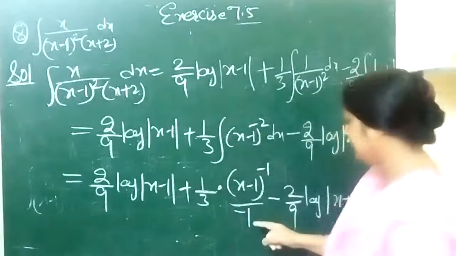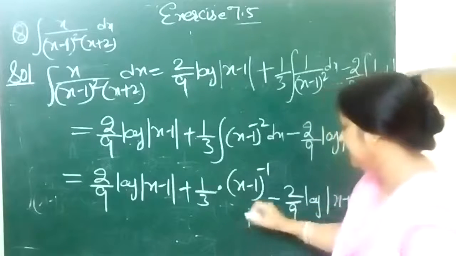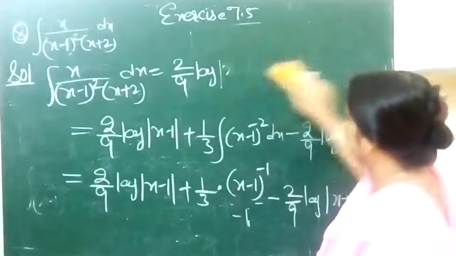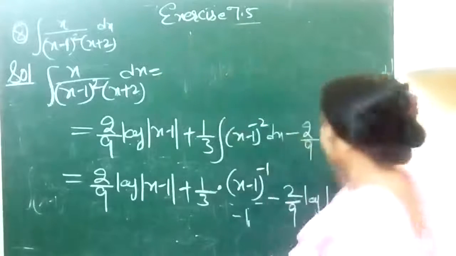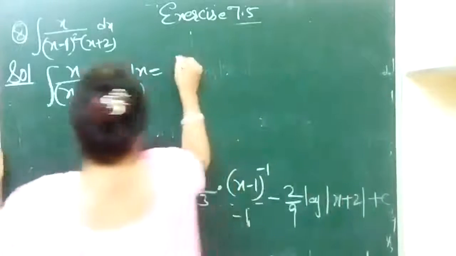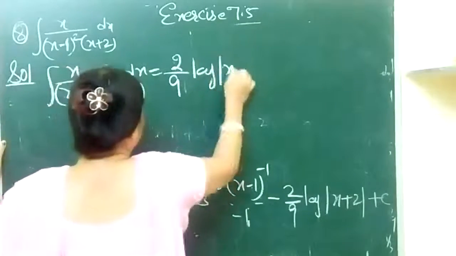In the next step we can write minus 1 here. Here I am writing the last step. So it will come 2 by 9 log of x minus 1.